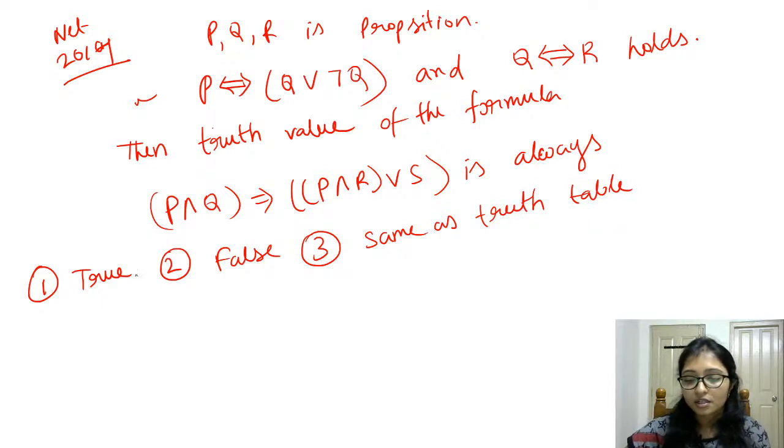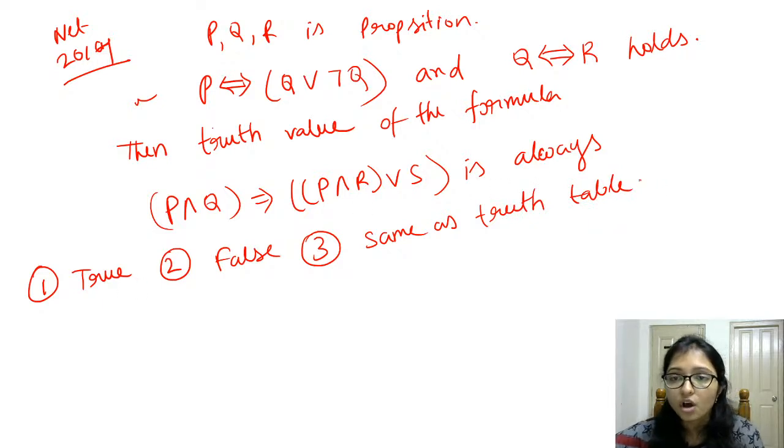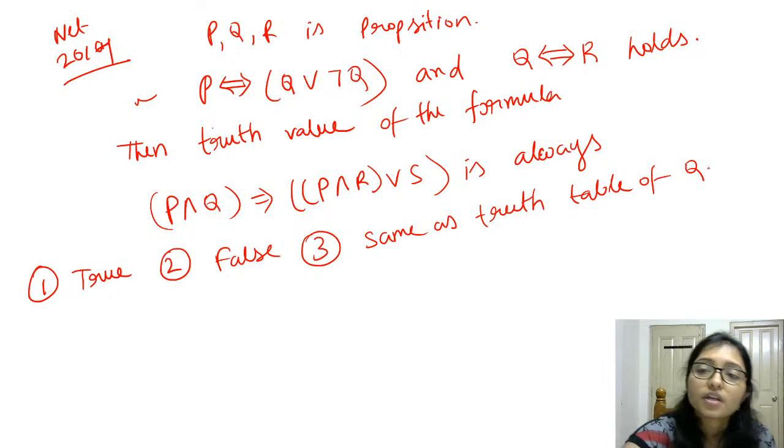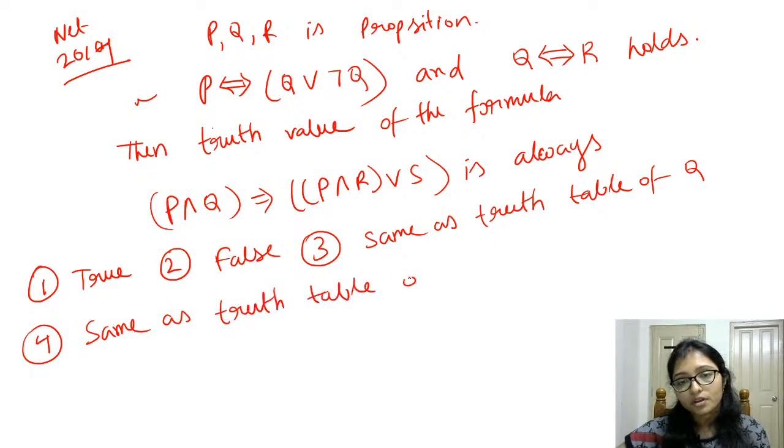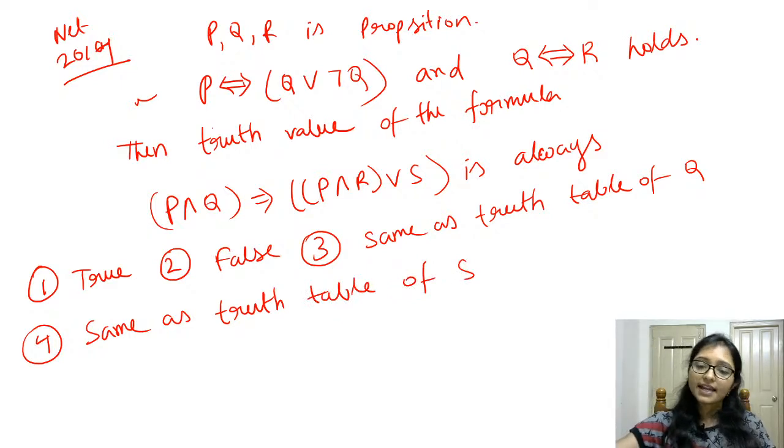option 3 is same as truth table of Q, and option 4 is same as truth table of S. Okay, this was the next homework. P, Q, R are propositions.